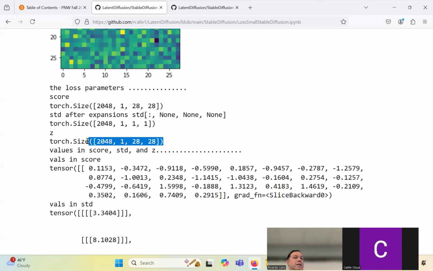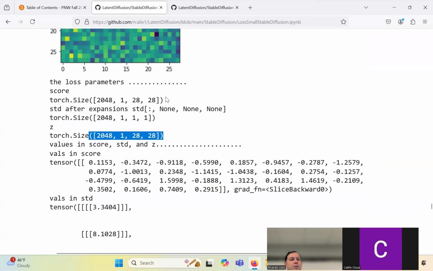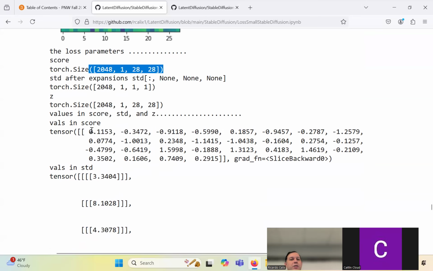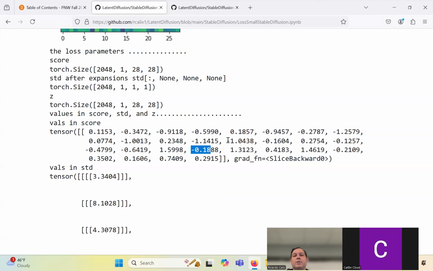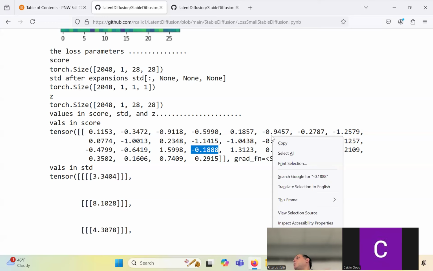Score is the predicted noise, but if we look at the values, they're no longer 0 to 255. They've been normalized, so you can see some are positive, some are negative. So whether you do a plus or a minus, you're able to minimize that difference.